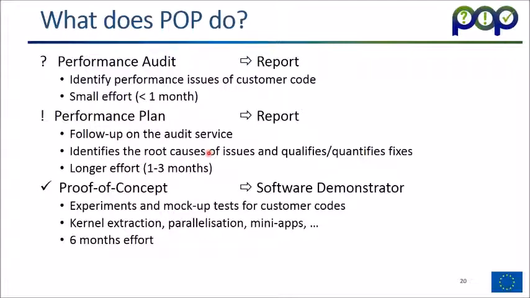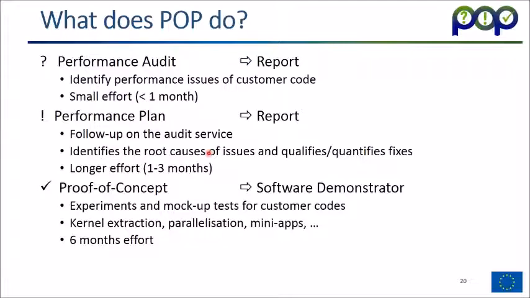So first of all, a number of people have asked what does POP actually do? There's basically 3 main types of work we do. If someone gives us a code, then initially we audit that code. So basically we profile it and identify the performance issues in that particular code.